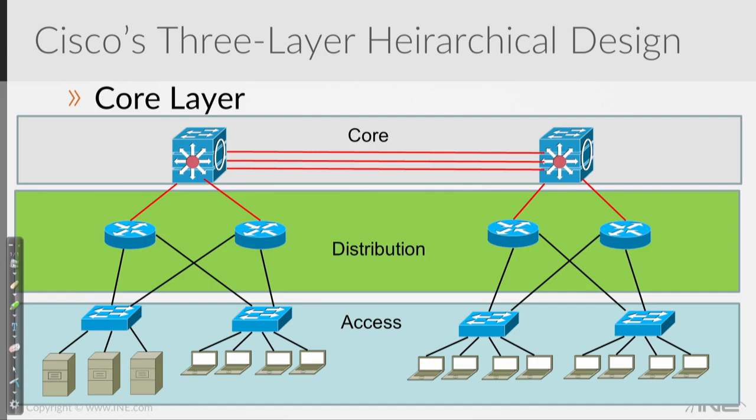That type of decision is made at the distribution layer. And then the core layer are your devices with super high-speed interconnections to get you from one section of the network to the other as quickly as possible. So that's the ideal approach that Cisco would like you to take, the 3-layer hierarchical design.